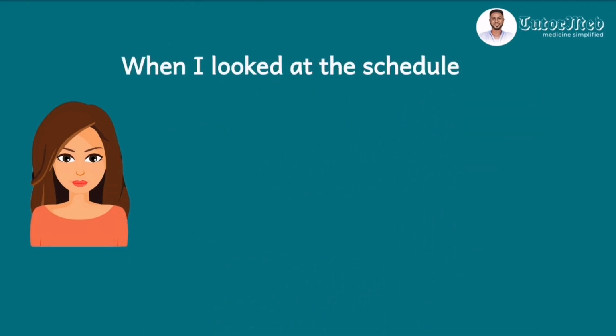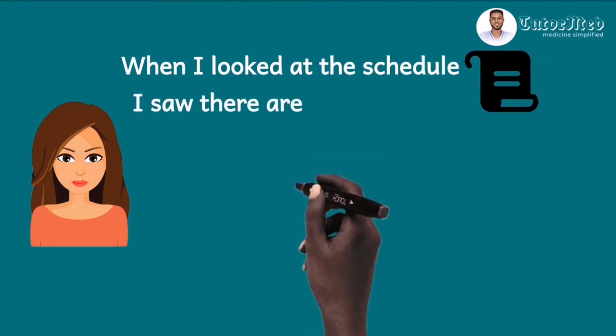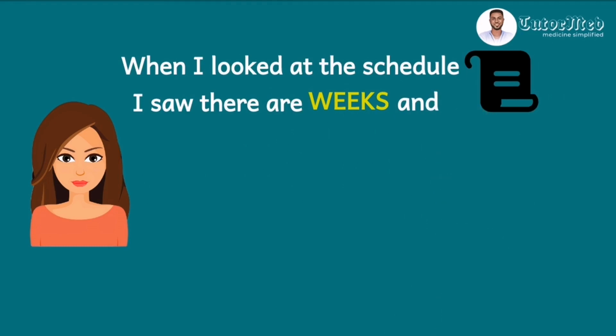Now, this mother is happy to have been able to keep the first and last details of her child's immunization schedule, and so she continues her narrative. She says, "When I looked at the schedule, I saw there are weeks and months.